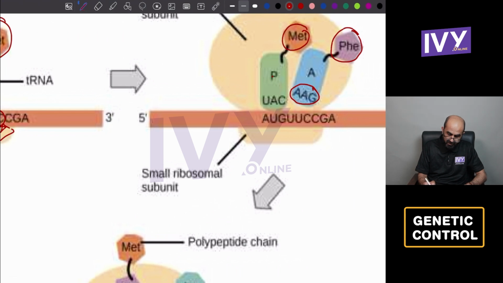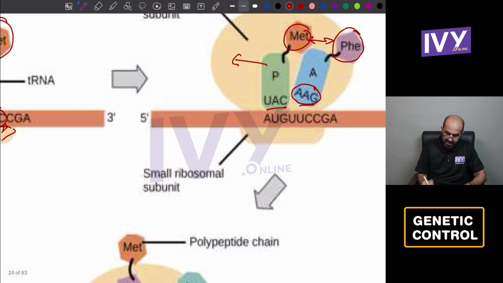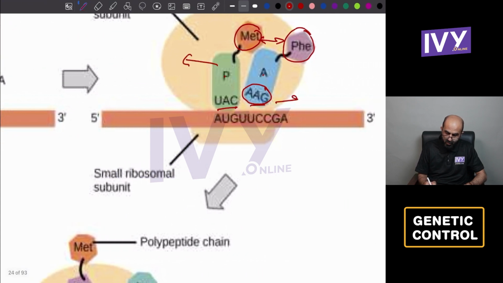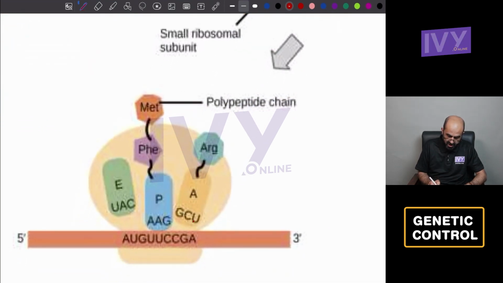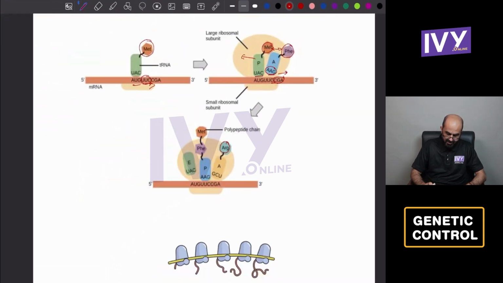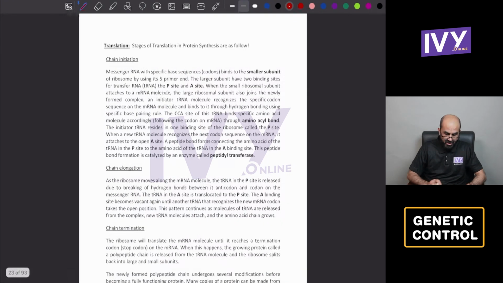The methionine is on the P site, and this is the A site. They make the peptide bond between them. The bond is broken down, the tRNA leaves, and then the ribosome moves one step forward, exposing the next codon, which is CGA. For CGA comes another tRNA with GCU, attached to arginine as the activated amino acid, and the same procedure is repeated.